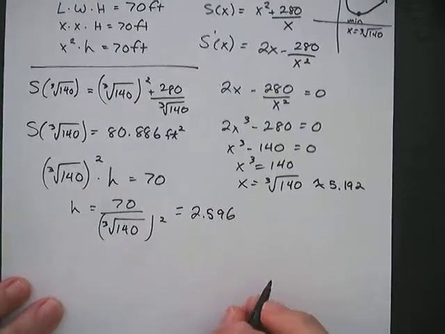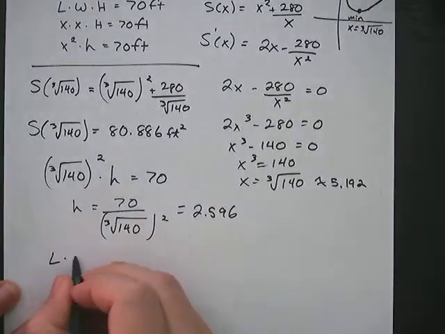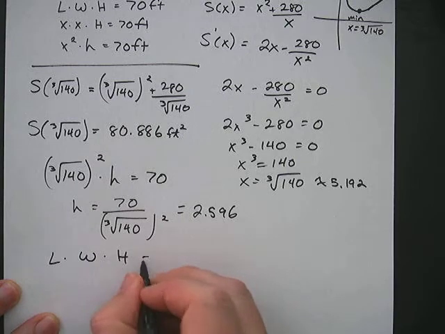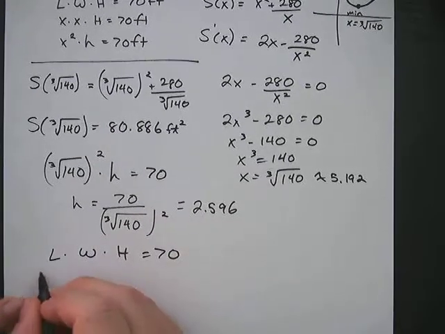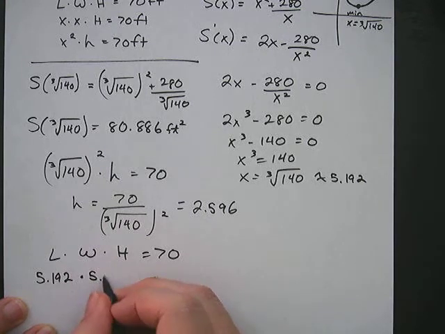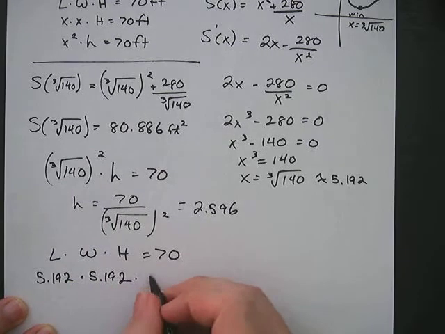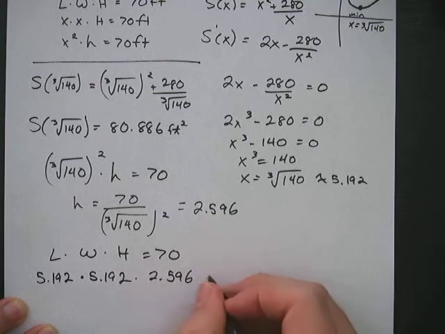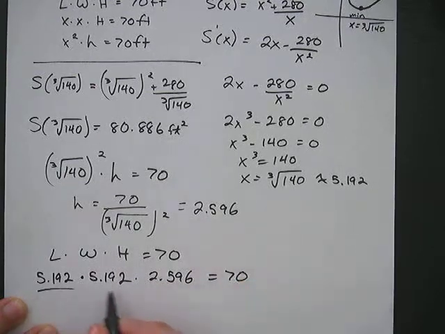So the dimensions of the box, length times width times height equals 70, are 5.192 times 5.192 times 2.596 equals 70. These three, length, width, and height, are your dimensions.